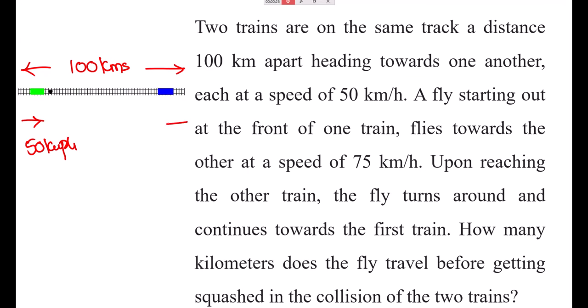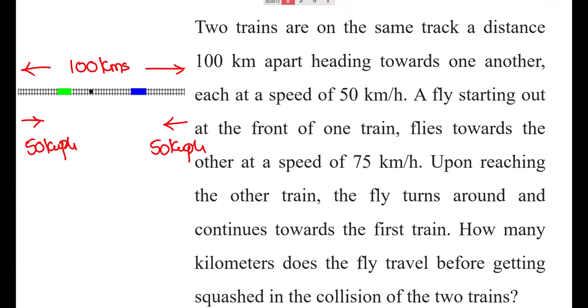Train two moves in this direction with 50 kilometers per hour. Both are traveling in opposite directions. Now, in between the two, a third object comes into the picture, a fly. The fly starts from one of the trains, goes to the other train and comes back to the first train. It keeps doing this until the two trains collide or meet each other.